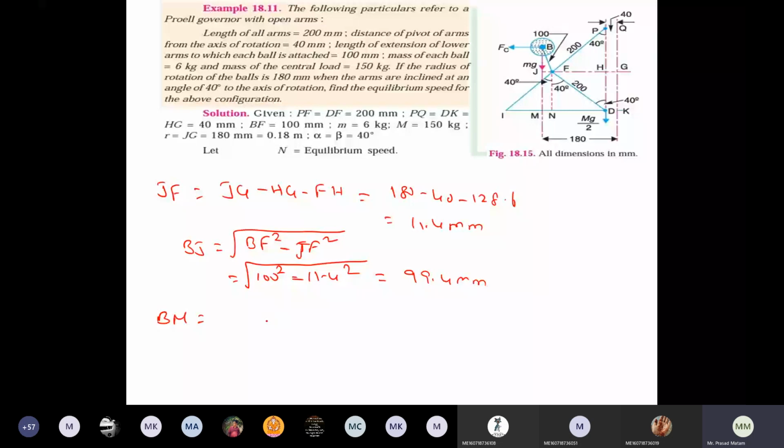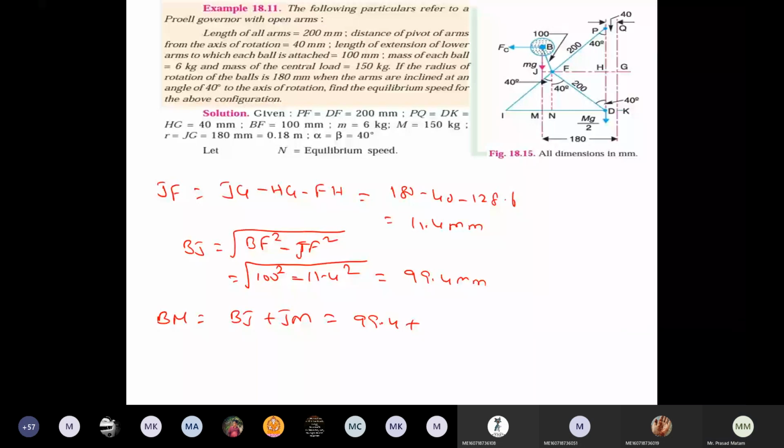Now try to find the BM value from this. BM is nothing but BJ plus JM. BJ I have found above as 99.4, and what is the value of JM?